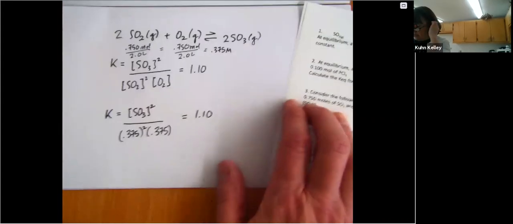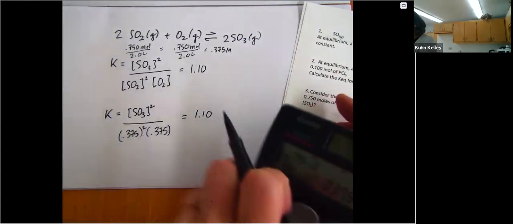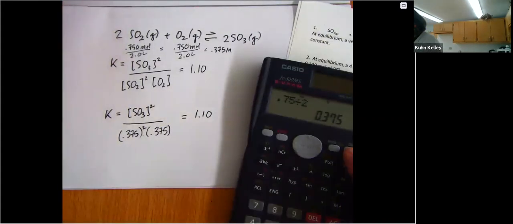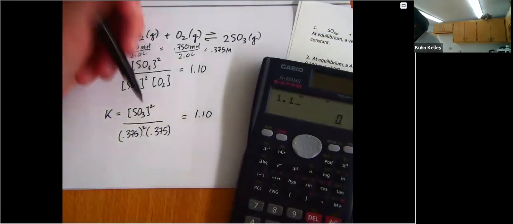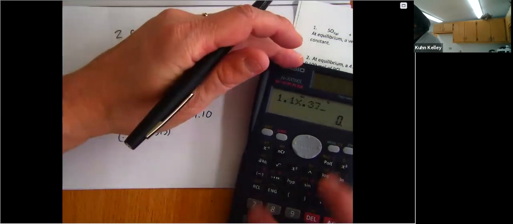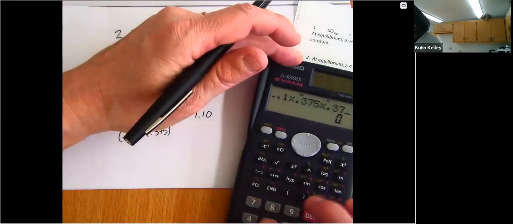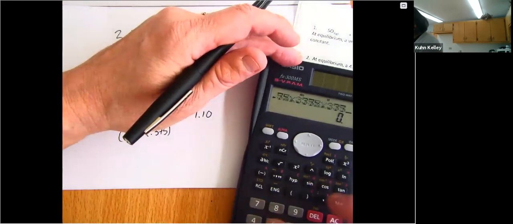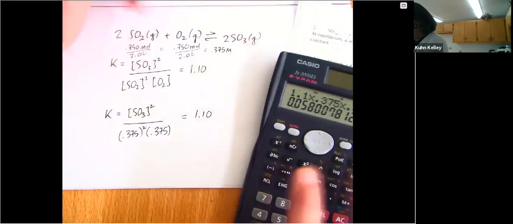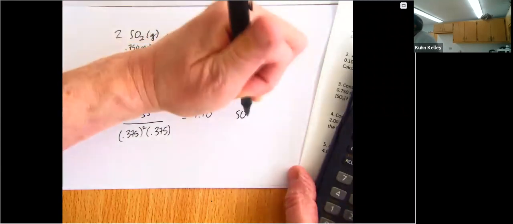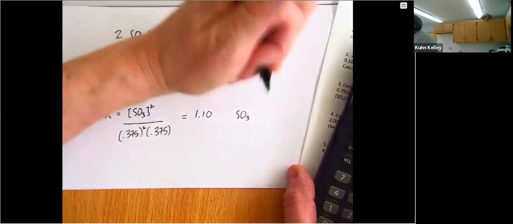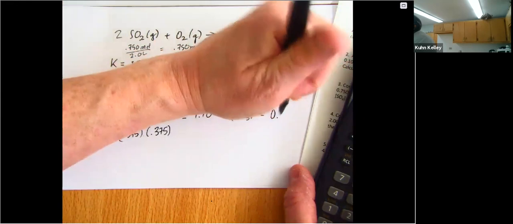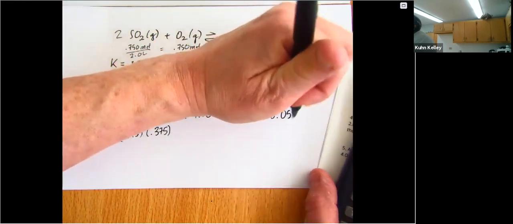So now when I solve it, I'm going to take 1.1 times 0.375 times 0.375. And I find out, as I simplify this, that the concentration of SO3 squared is going to be equal to 0.0580.